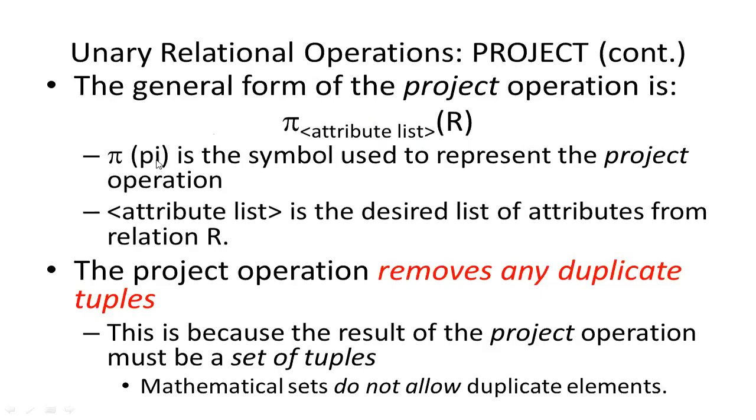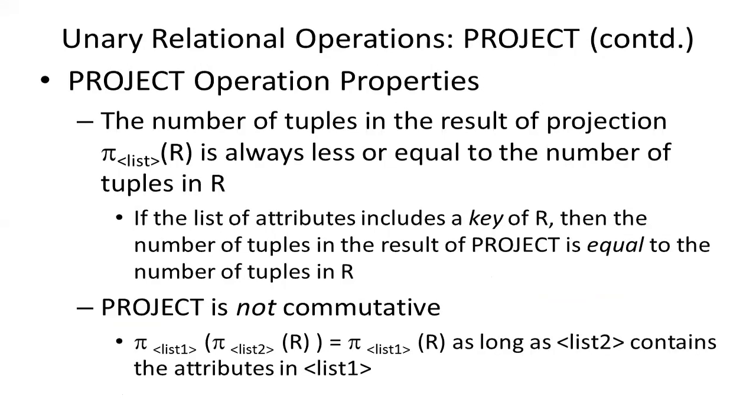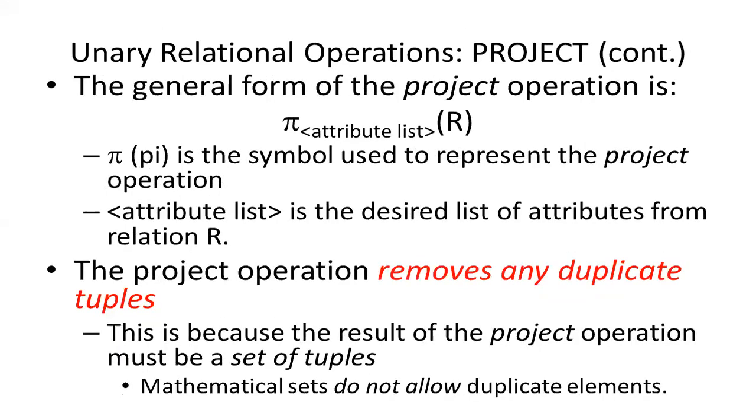Pi is the symbol used to represent the project operation, and the attribute list is the desired list of attributes from the relation. The same thing we discussed.